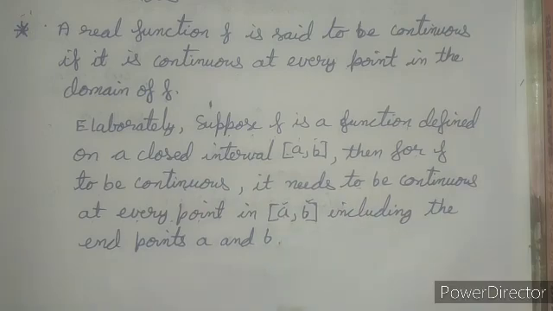We will check the continuity of the function at all points in that interval, including the endpoints, and if it is continuous at every point, then we will say that f is continuous.